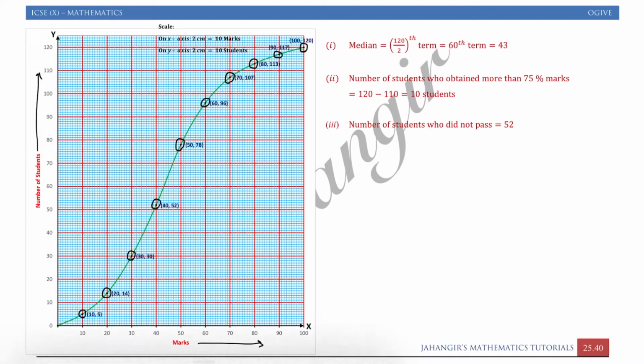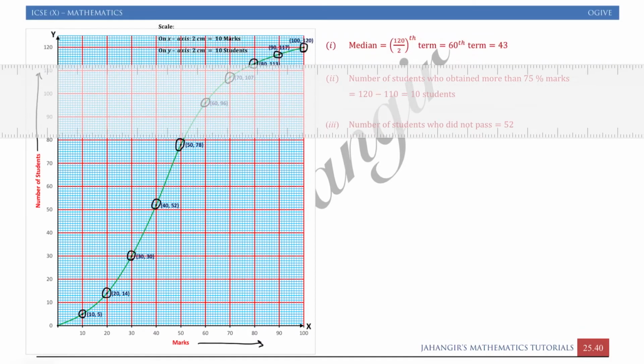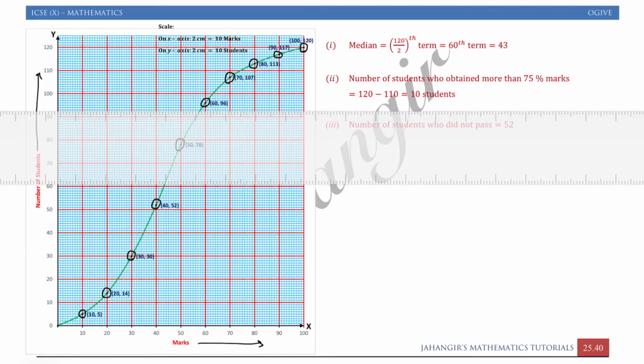First question is find the median. For median, total is 120. We can take 120 divided by 2, that is the 60th term.